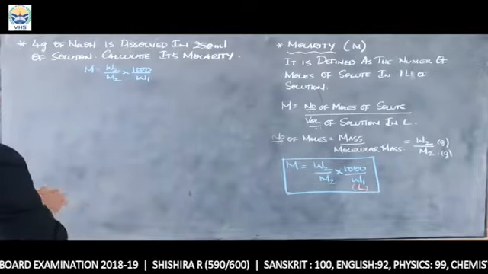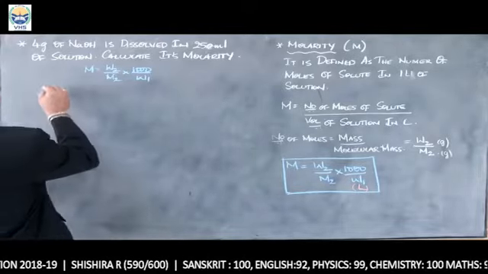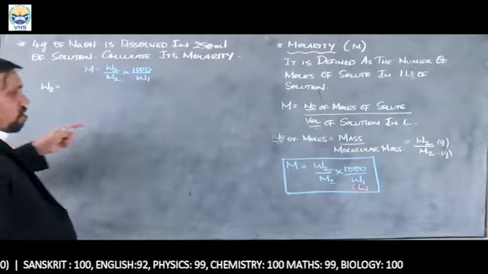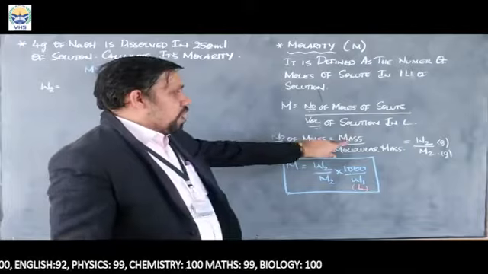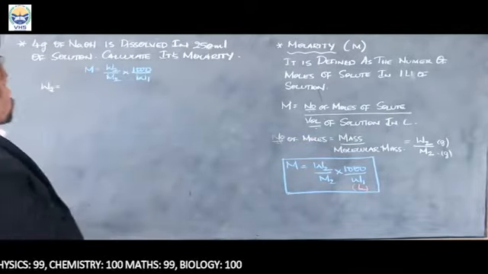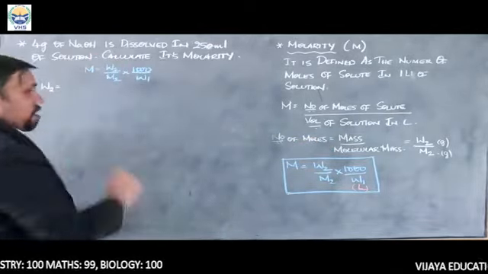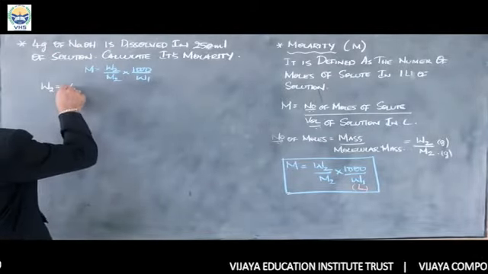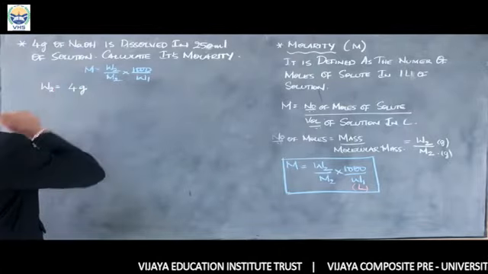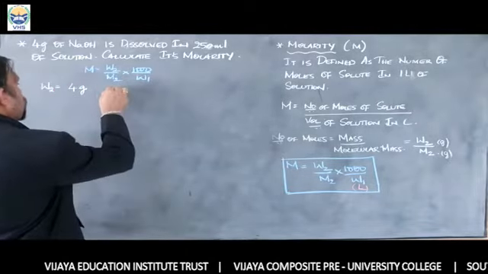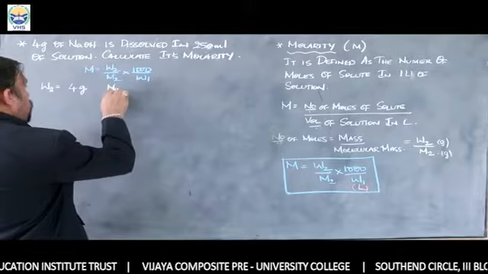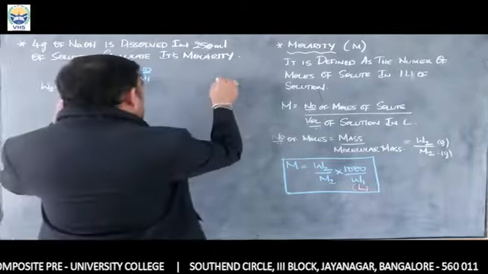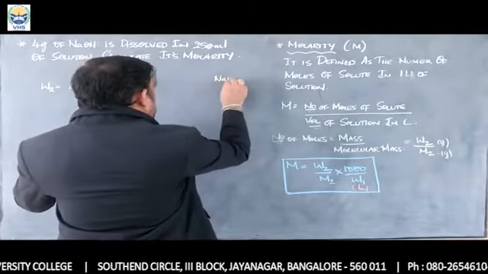Now, let us consider what is W2. W2 is, as I told you, the mass of the solute. 4 grams of NaOH is dissolved in 250 ml, so W2 will be 4 grams. What is M2? M2 is the molecular mass of NaOH. You can find out its molecular mass.